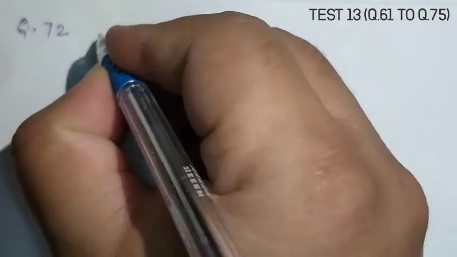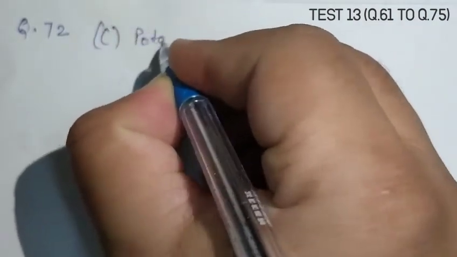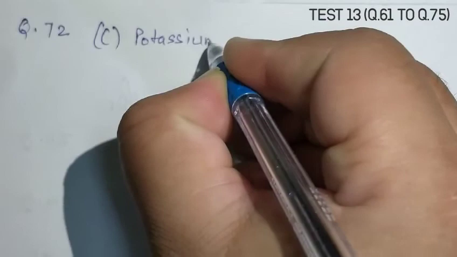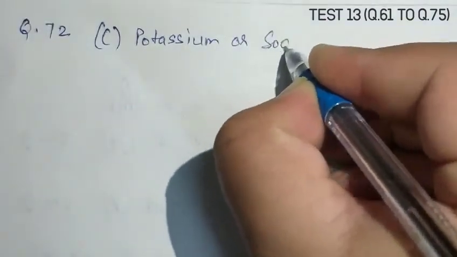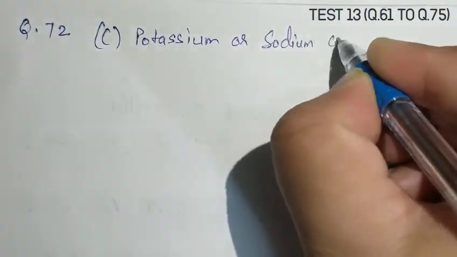Question number 72. To prevent coagulation, blood stored in blood bank contains a small amount of A. calcium sulfate, B. prothrombin, C. potassium or sodium citrate, D. none of these. Correct answer is C. Potassium or sodium citrate.